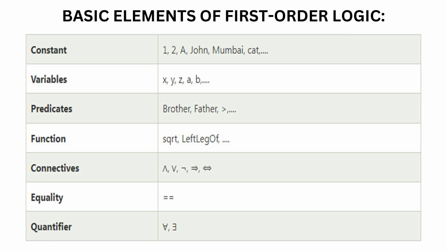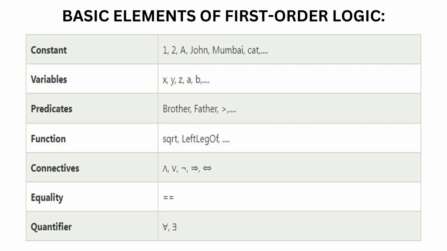First order logic, that is FOL, is a formal system used in math, philosophy and computer science to express and reason about statements involving variables, constants, predicates, functions and quantifiers. It includes symbols for representing objects, properties, relations and operations.